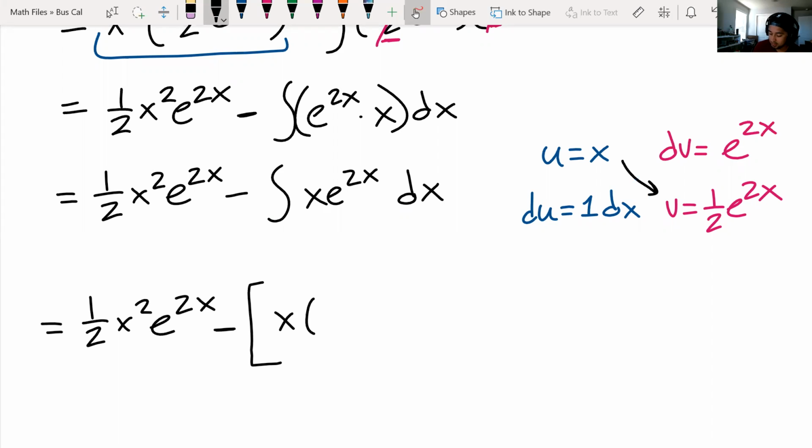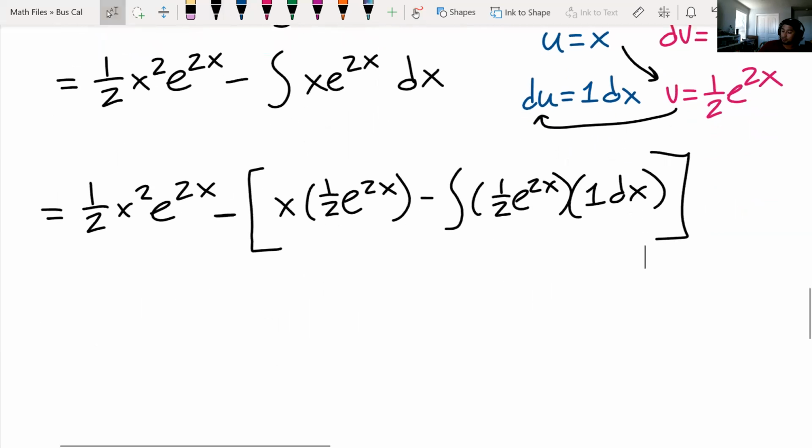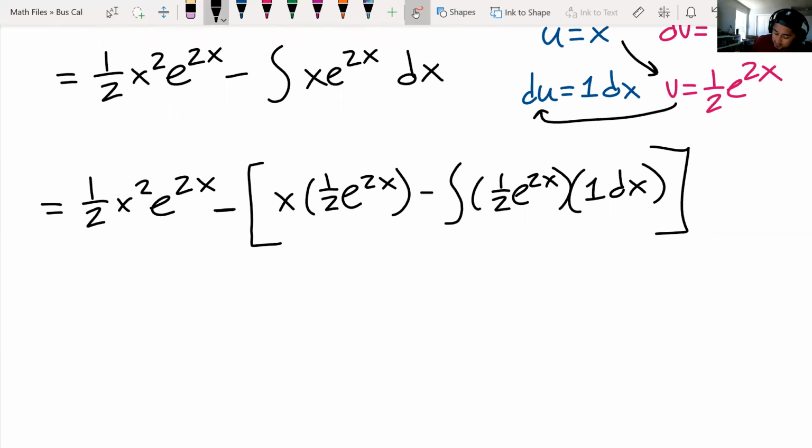So x times 1/2 e to the 2x minus the integral of v du, which is just going to be 1/2 e to the 2x times 1 dx. Close bracket. And of course, clean up, clean up, clean up.